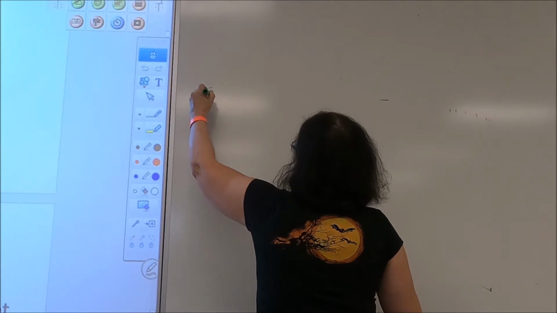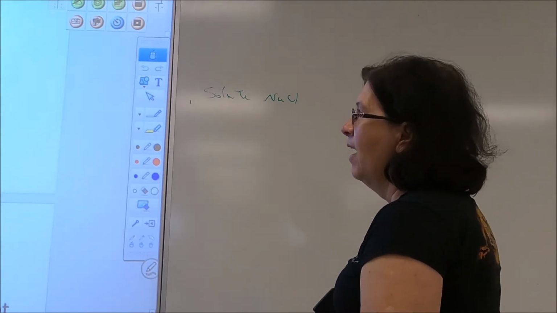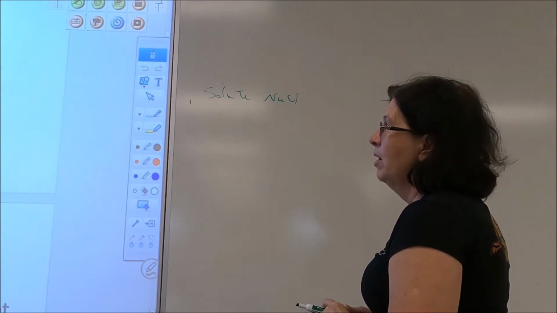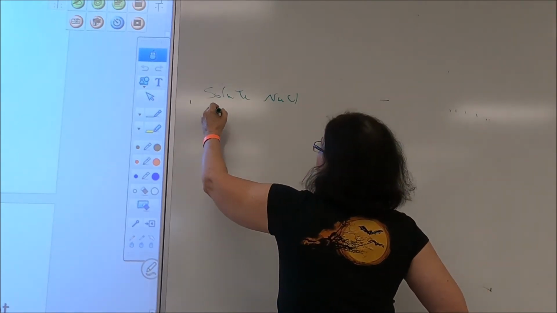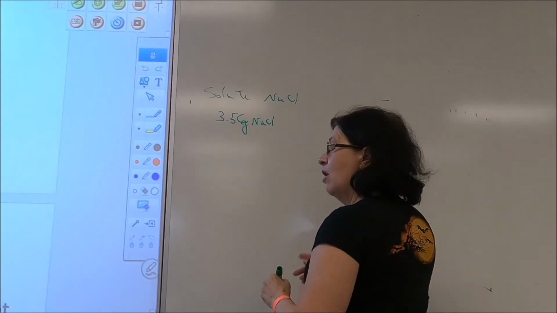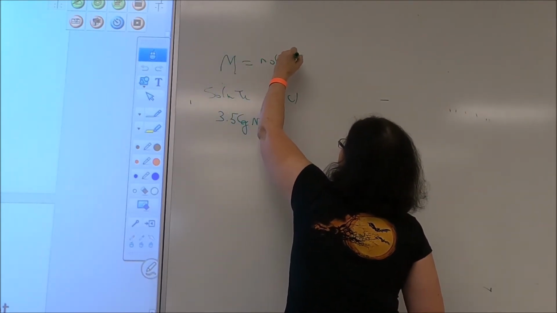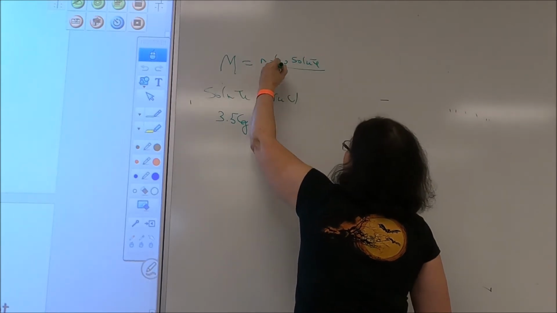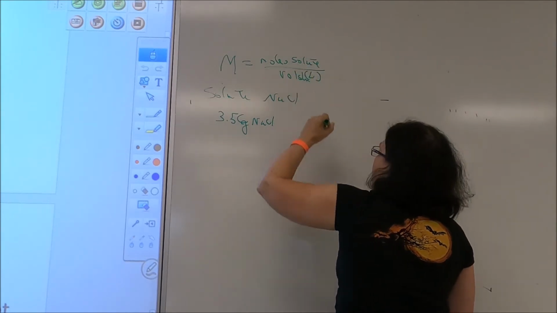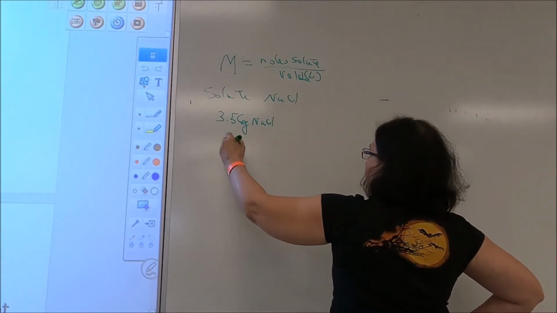So our solute here is the sodium chloride. Notice it said 3.56 grams of sodium chloride in 500 milliliters of water. So we've got 3.56 grams of NaCl, our solute, because molarity is equal to moles of solute over volume of solution in terms of liters, then my solute needs to be converted from grams to moles.